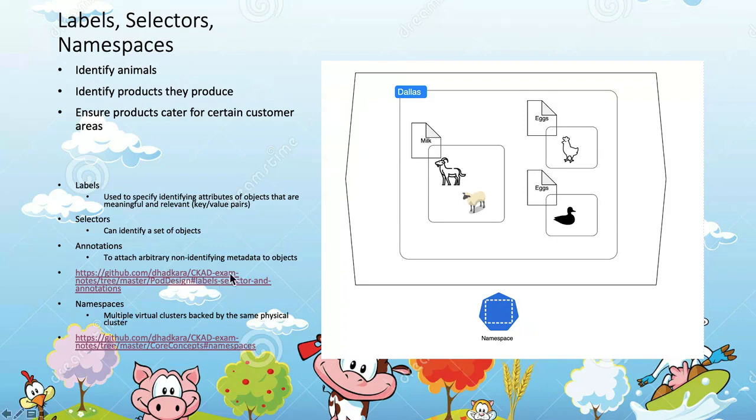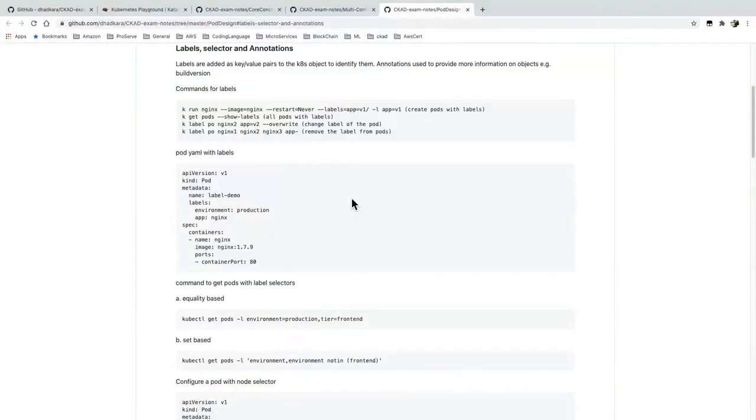So let's see how we can create a label. Now if you look at this YAML, again, it's the same construct. You are creating the pod, but there is a label associated to it. It is for the production environment, and there is an app called Nginx, which is running on that. So let me take this again.